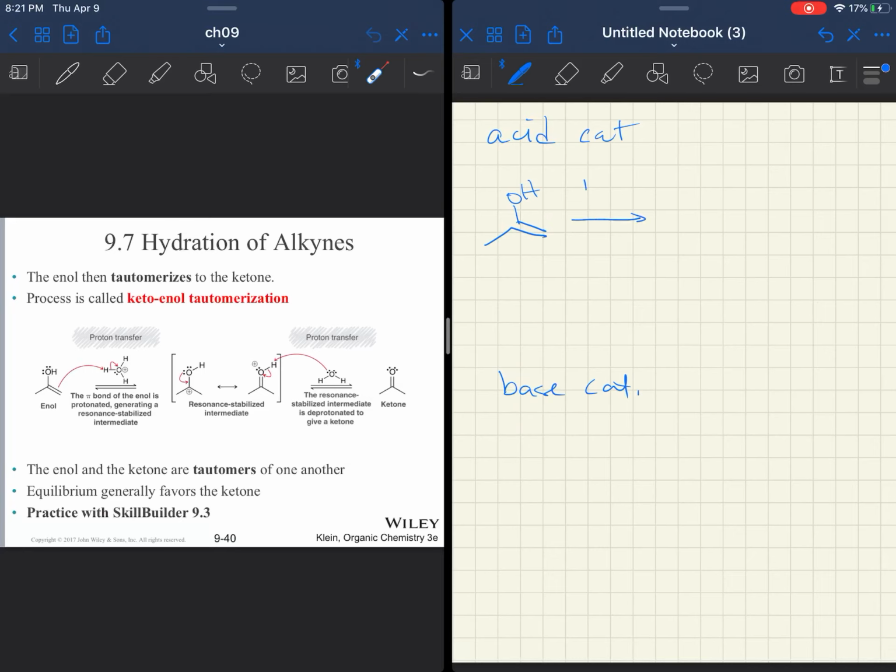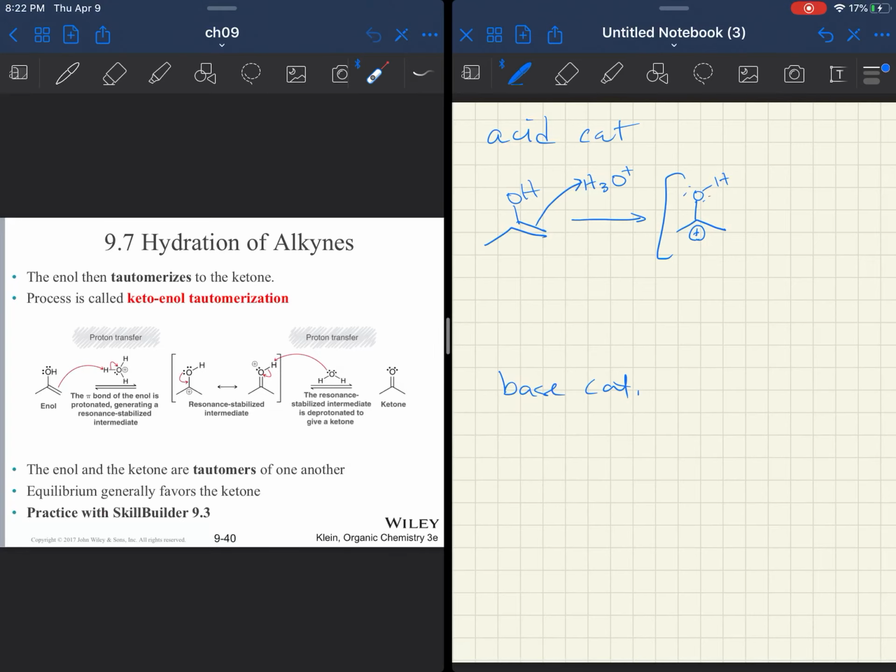So if we look at acid catalyzed, it's two basic steps. And acid catalyzed versus base catalyzed, it's which step is first and which is second that changes. All right, so if we have acid around, and we've got hydronium to show our acid, you could just put H plus as well. We are going to start off by picking up that proton, right?